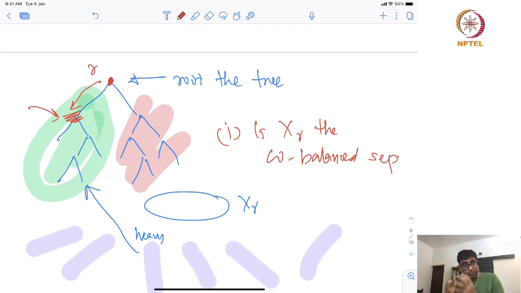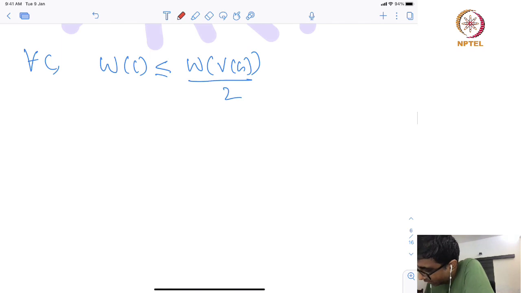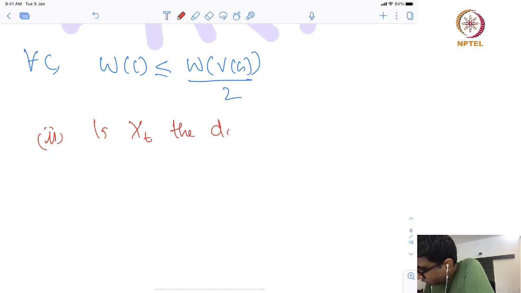I will ask the same question again. Suppose this was some other t, then what will I ask? Is X_t the desired weighted balanced separator?